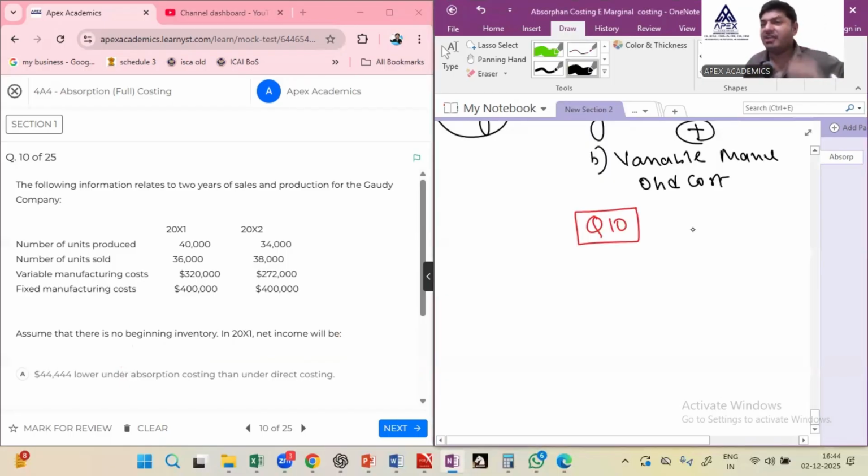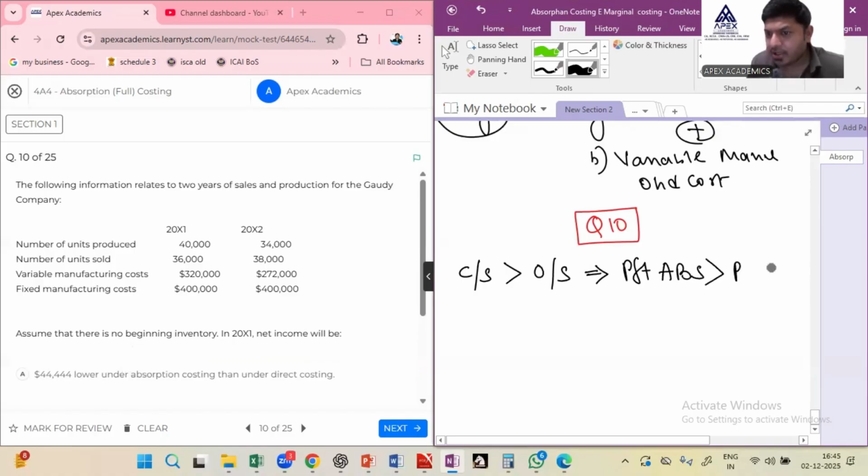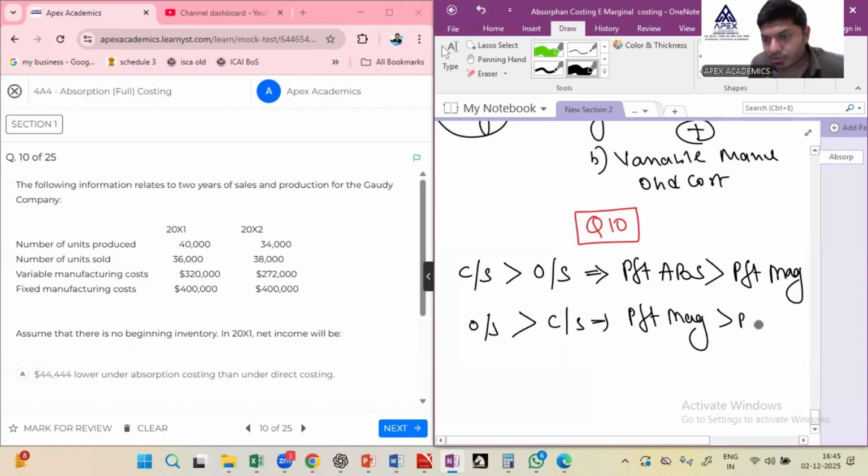The concept is, where the closing stock is greater than the opening stock, in this scenario, the profit under absorption costing is going to be more than the profit under marginal costing. And where the opening stock is going to be greater than the closing stock, in this scenario, the profit under marginal costing is going to be higher than the profit under absorption costing. This is one thing that we need to accept.